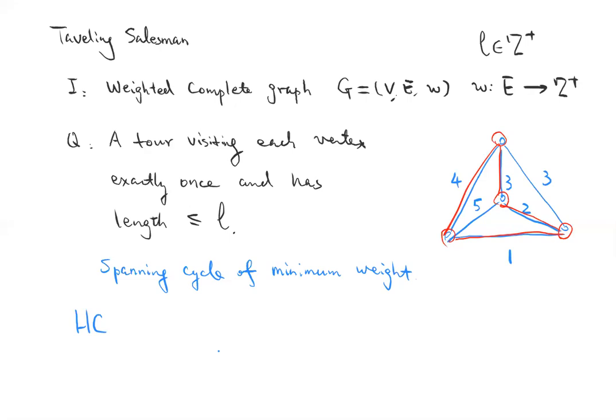So for Hamiltonian cycle, we have a graph. We can interpret this graph as a subgraph of a complete graph. Now, if we assign weight 1 to each of these edges, and for the non-edges, the edges not in the graph, we assign weight 2, then what we get is a weighted complete graph.